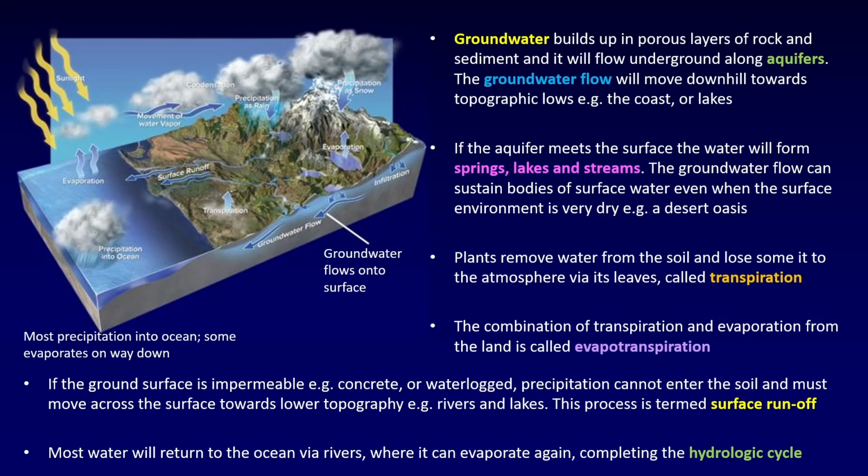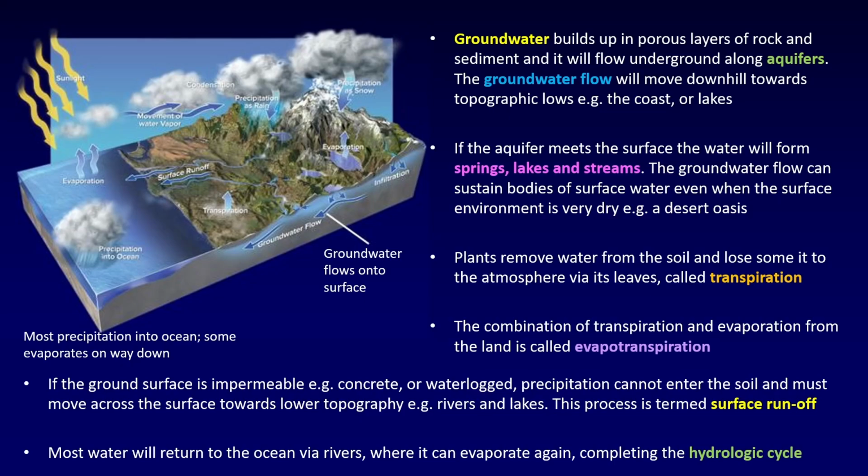So the next thing we're going to think about is we're going to go back to that water that's located in the soil. Well, obviously that water that's located in the soil, some of it's going to be picked up by plants through their root systems, and so that water is going to enter the plants. Now, the thing about plants is plants have pores in their leaves, just like humans have pores in their skin.